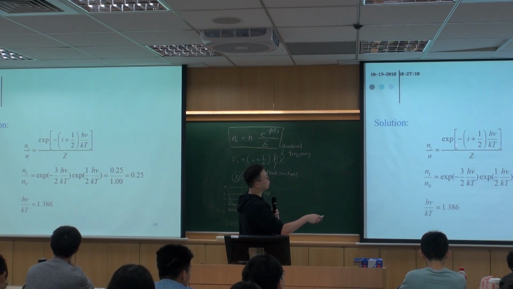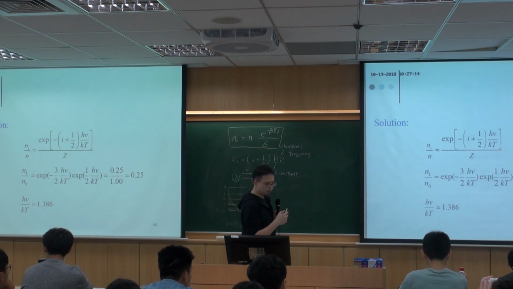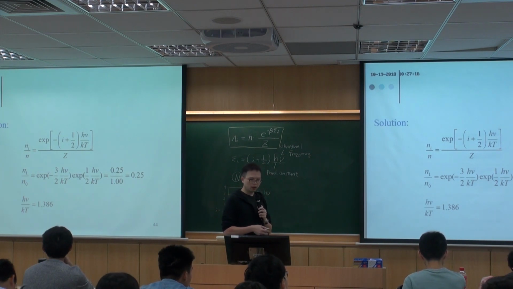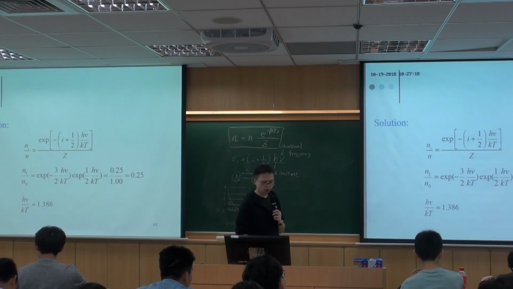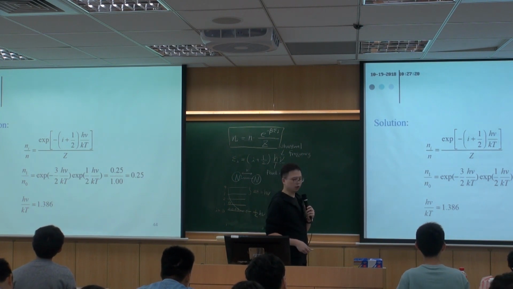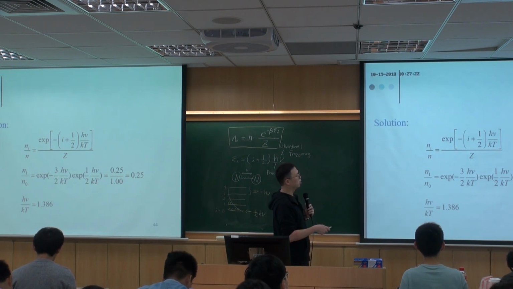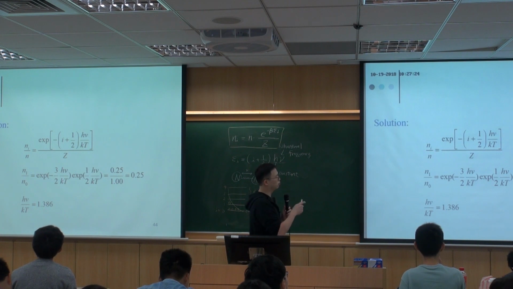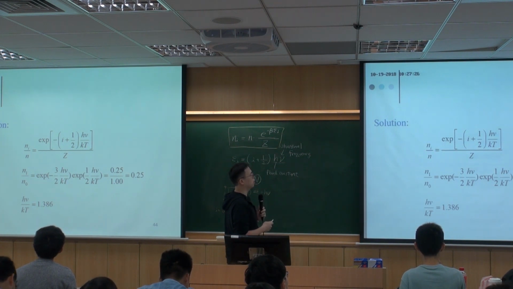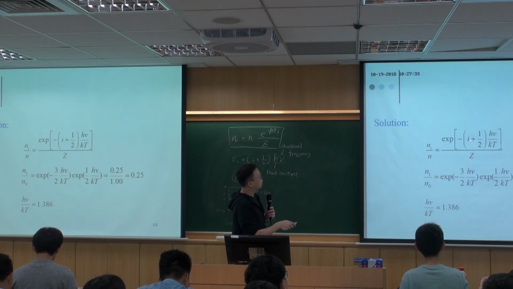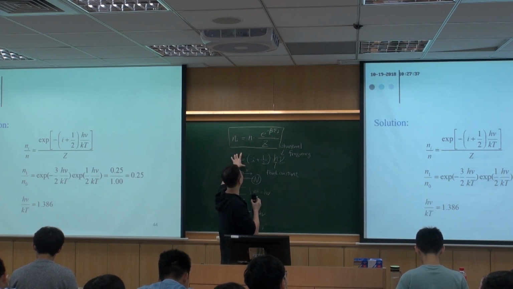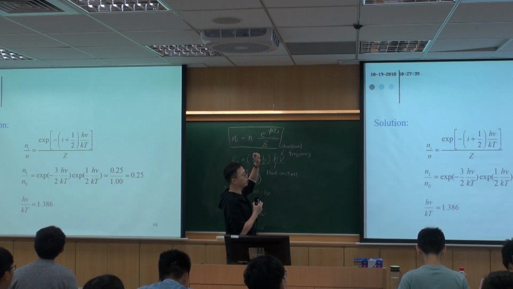So it is this exponential term over the partition function Z. And in this case, we don't have to worry about the partition function Z, because eventually we'll see that we can cancel out that term, because we only need to know the relative number between different energy states. Okay, so we plug the energy into the term over here.